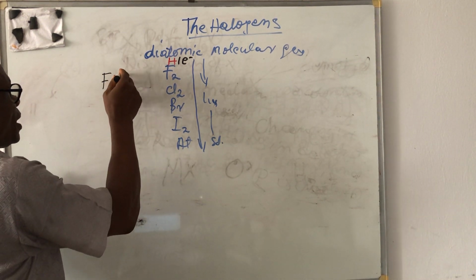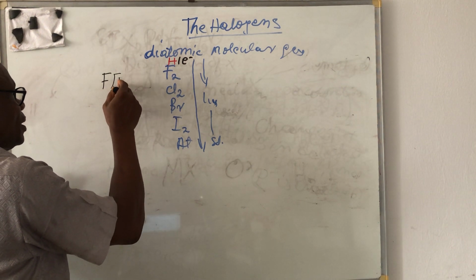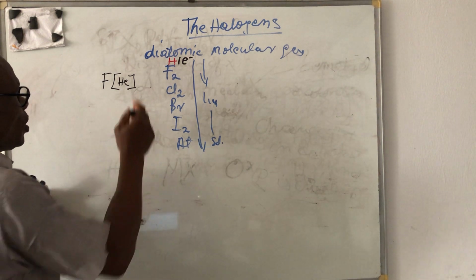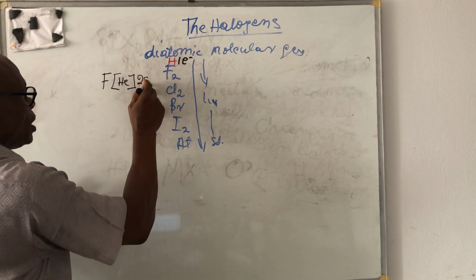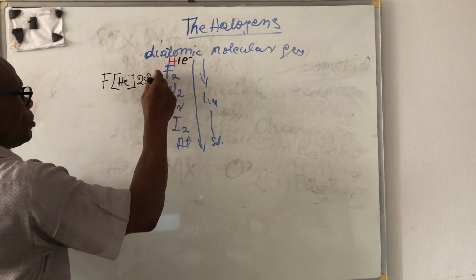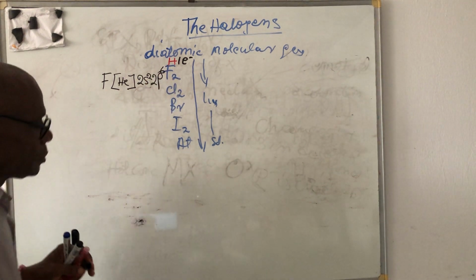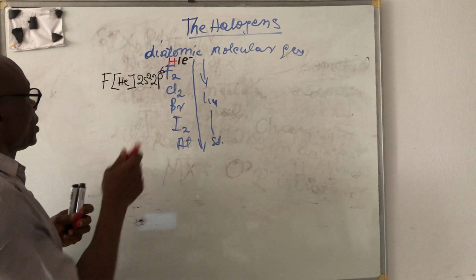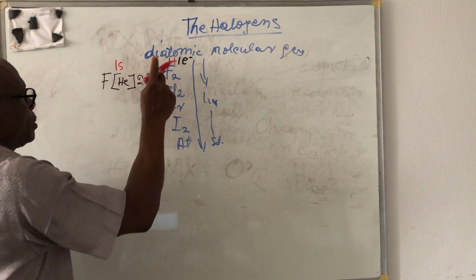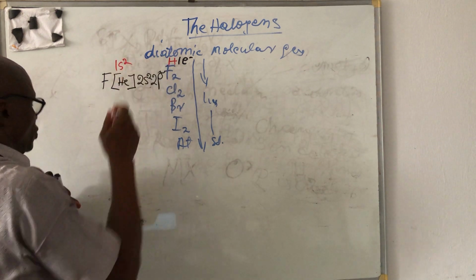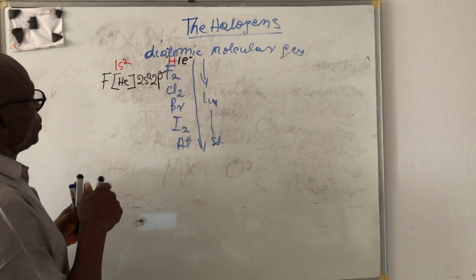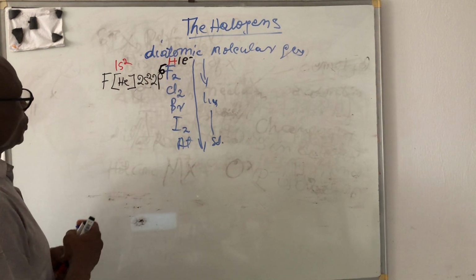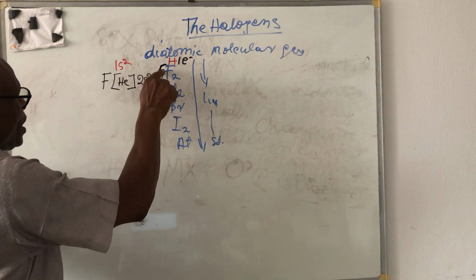Fluorine bears the helium core, 1s2, and has 2s2 2p5. 5, not 6, please.